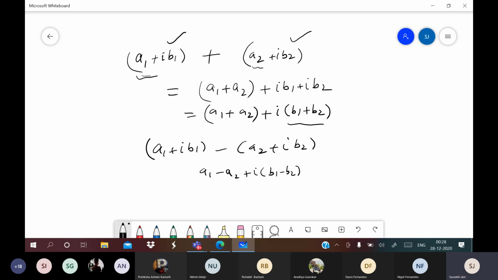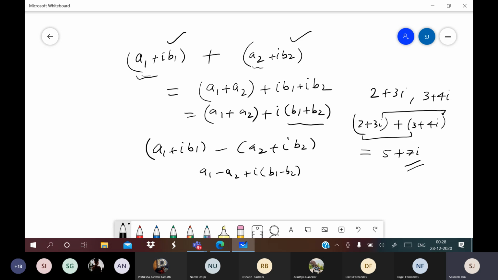So for example, if you have 2 plus 3 iota and you want to add 3 plus 4 iota to it, you will simply use this result that you add the real parts and you add the imaginary parts, and this will be the resultant complex number, or the addition of these two complex numbers.